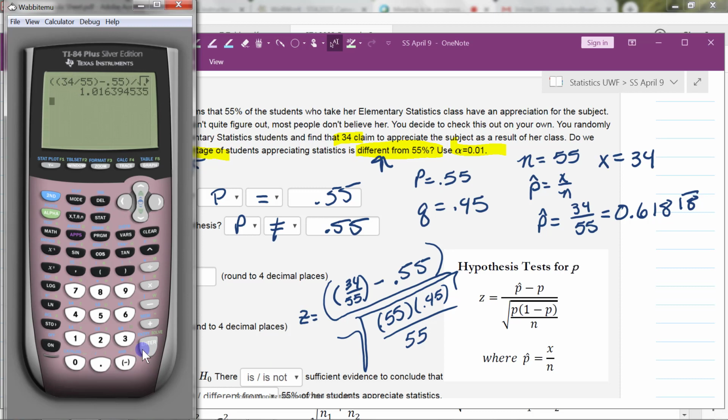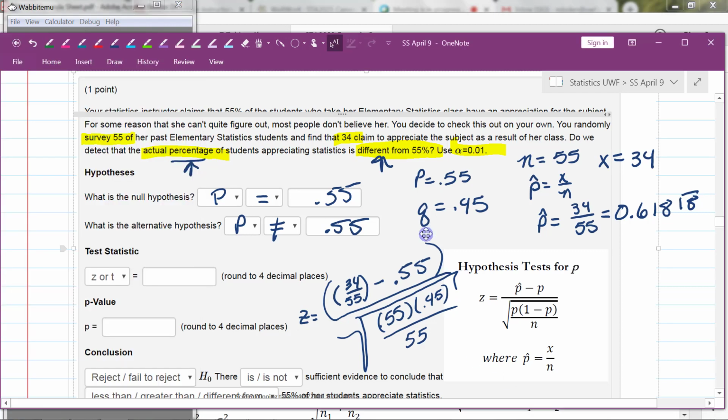And so our test statistic is 1.016394535. And it says round to 4 decimal places, so it's going to be 1.0164.